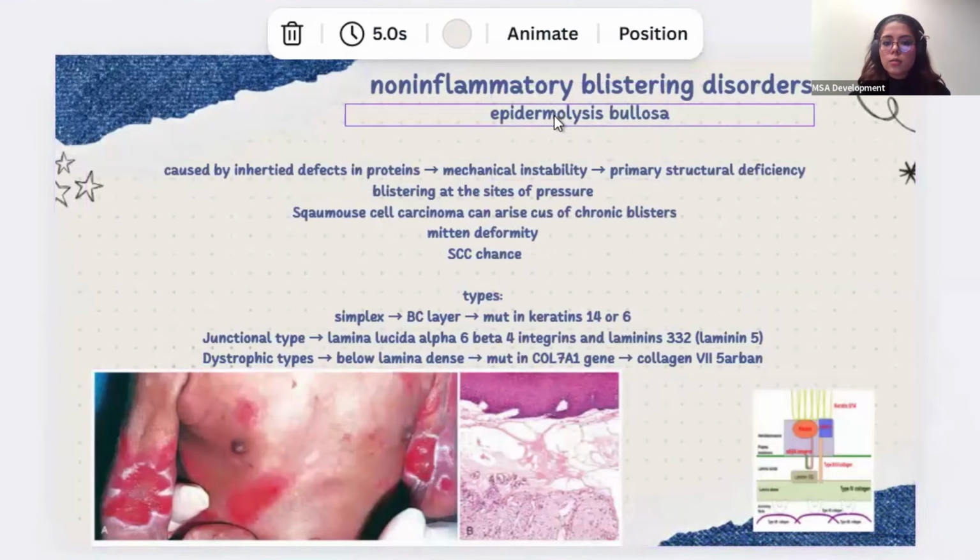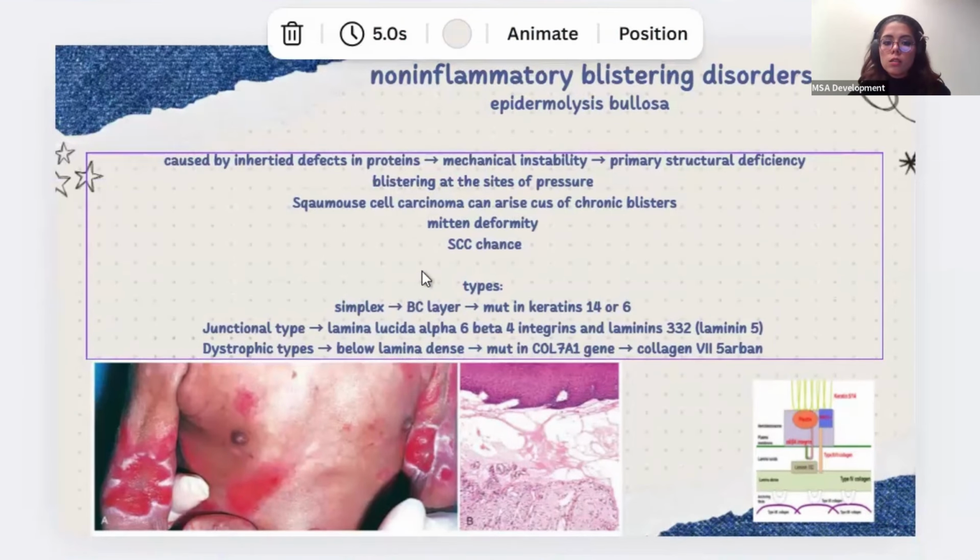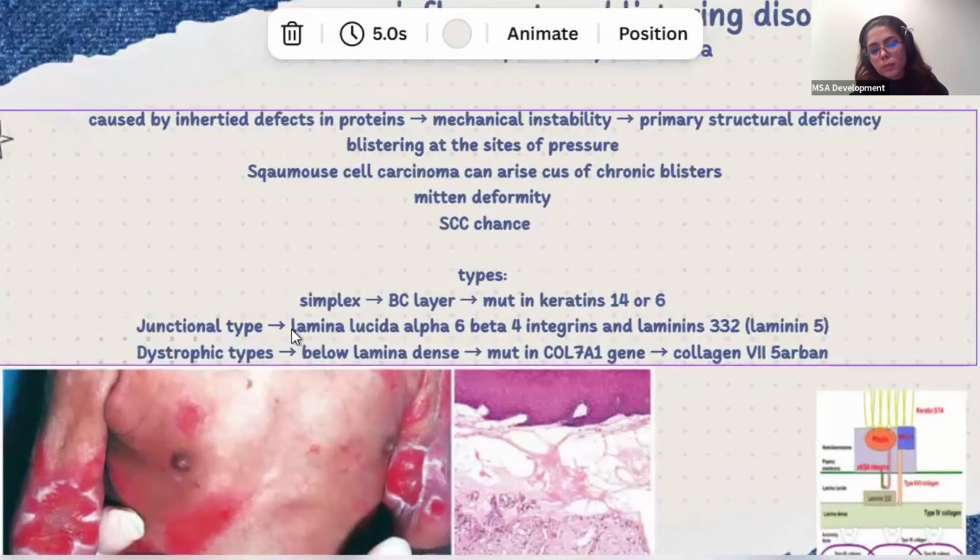Non-inflammatory blistering disorders: epidermolysis bullosa. It's an inherited disorder, so there is mechanical instability. The junctional type involves the lamina lucida, alpha 6 beta 4 integrins and laminin 332.